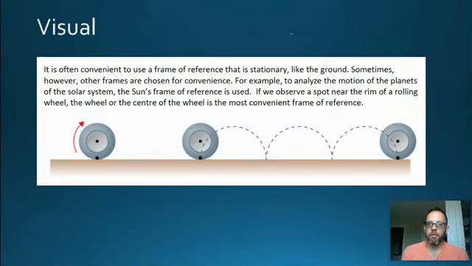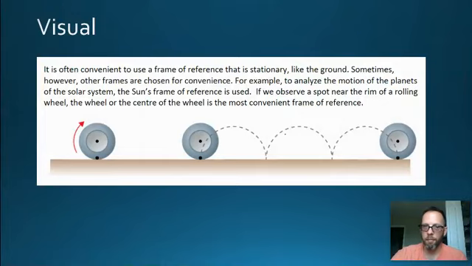It's often convenient to use a frame of reference that is stationary. So for example, consider the motion of a point on a wheel, not the wheel itself. If you track the point on a wheel, the motion you get is a fairly involved mathematical curve, where you have repeating semicircular arcs over and over as the wheel moves forward and this point rotates around the wheel.